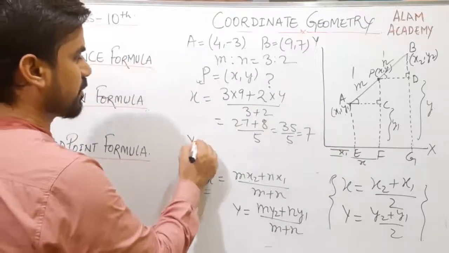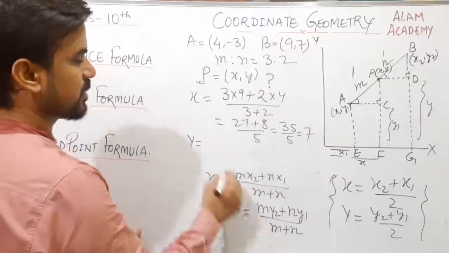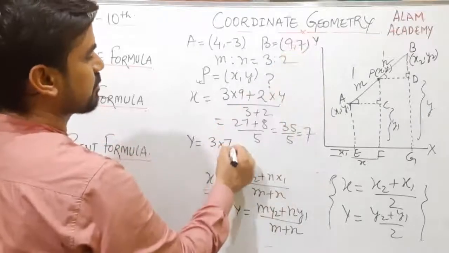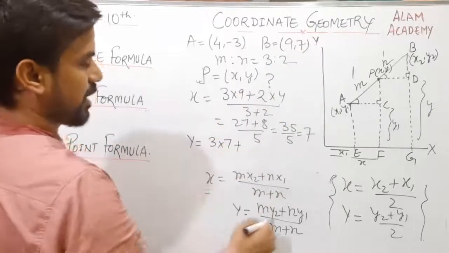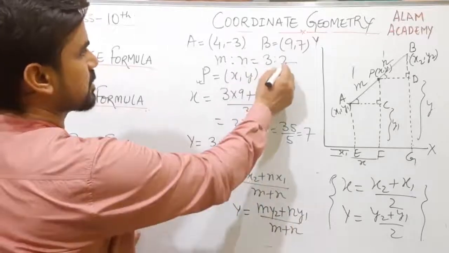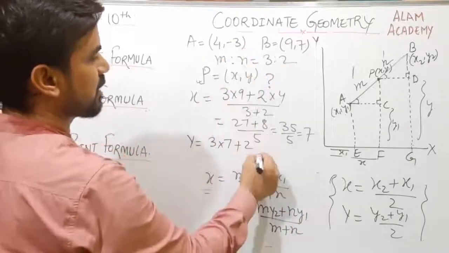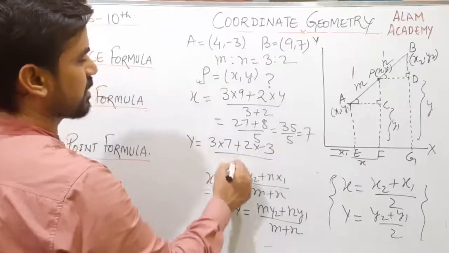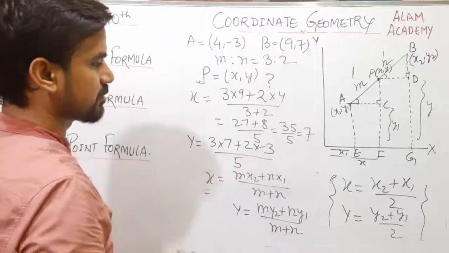Now for y, we use my2 plus ny1 by m plus n. m is 3, y2 is 7, plus n is 2, y1 is minus 3, by 3 plus 2, that is 5.